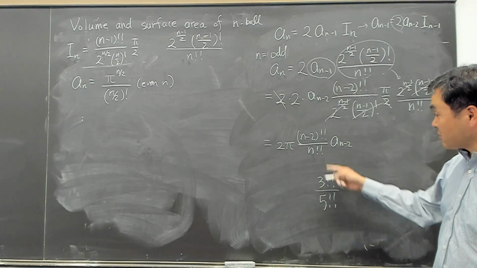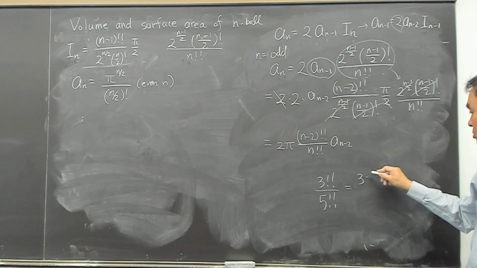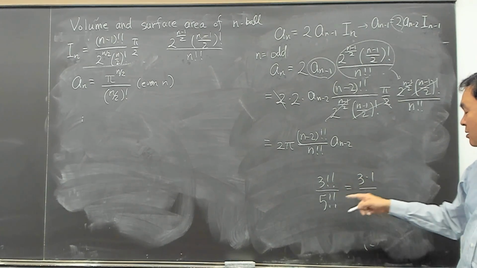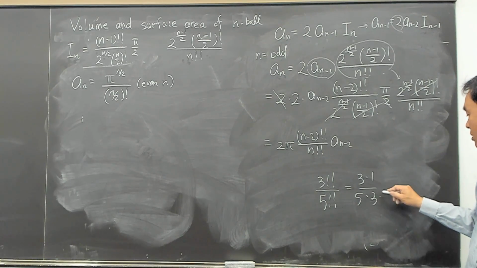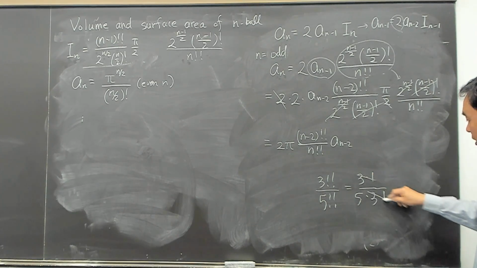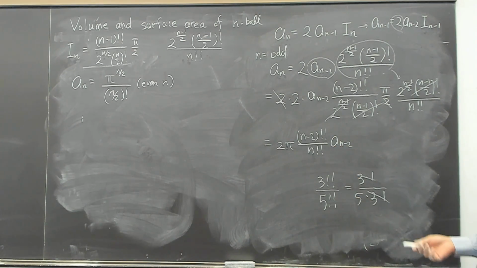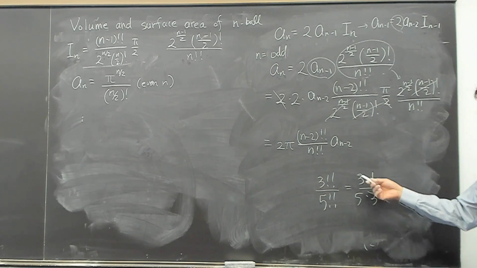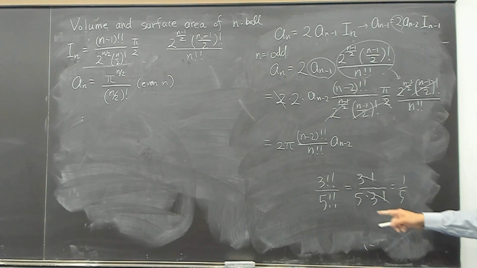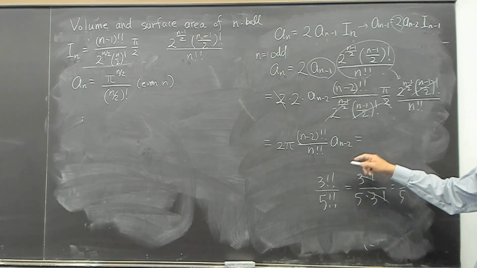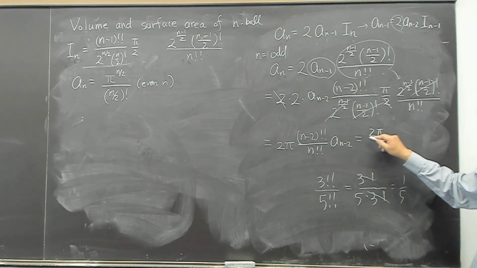Now, this is like an example of this guy here. But double factorial drops down by 2, so it's 3 times 1, and then 5 times 5 minus 2 is 3, 3 minus 2 is 1, so that's what you get. And then again, you see something similar to n minus 1 factorial or n factorial that we just did a moment ago. Everything cancels except this guy here, so the same thing carries over, and this cancels, and you just get n as the denominator.